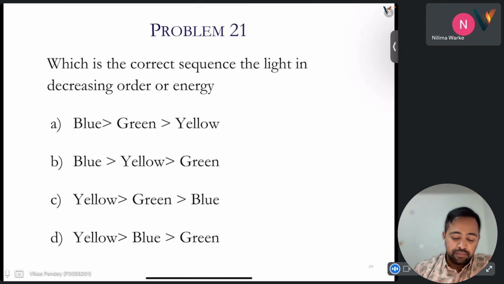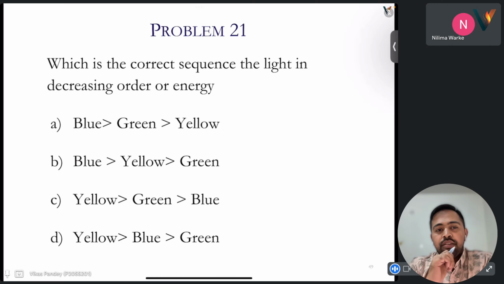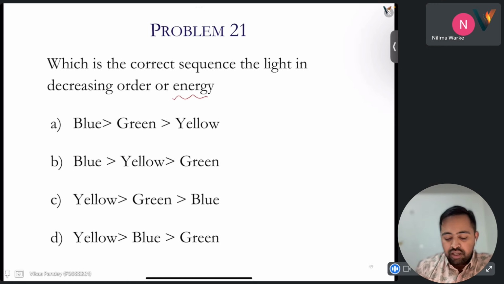So it decreases. What is the correct sequence of lights in decreasing order of energy? Remember, it is talking about energy.